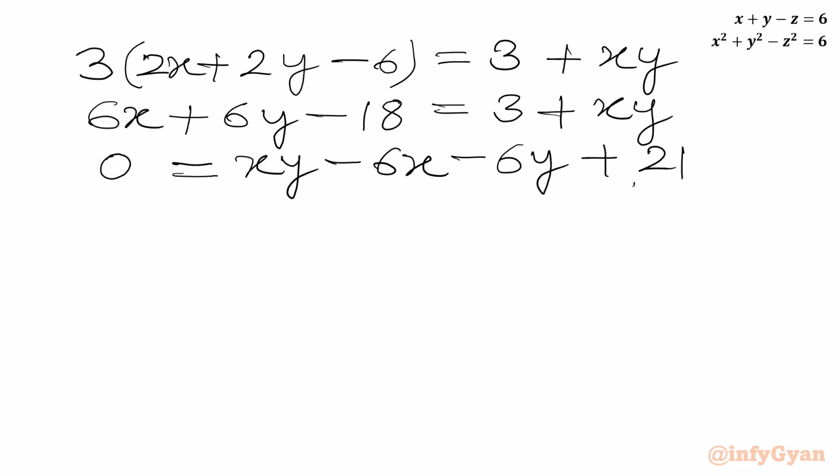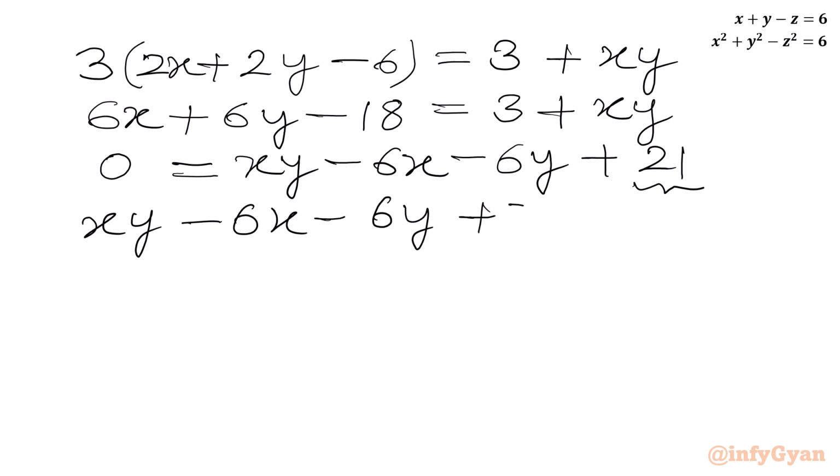Now I can split 21. I will write equation xy minus 6x minus 6y, 21 we can write 36 minus 15 equal to 0.